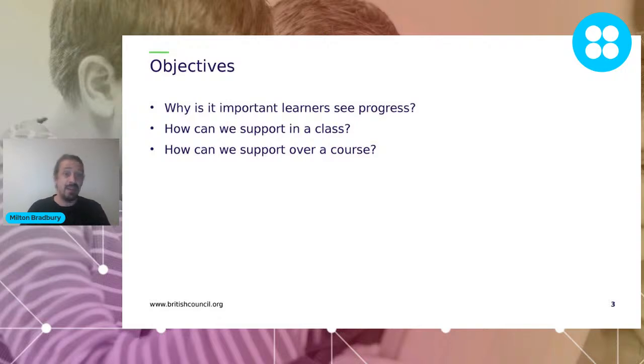It may seem obvious, but perhaps there are more reasons than just the obvious. Then we're going to respond to how we can support this in a class and how we can support this over a course. So how can we support learners to see learning in a class and progress over a course, so short term and long term? Hopefully with some of these tips, you'll be better able to do that.